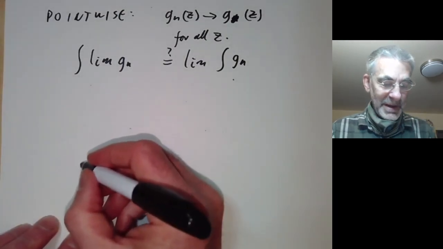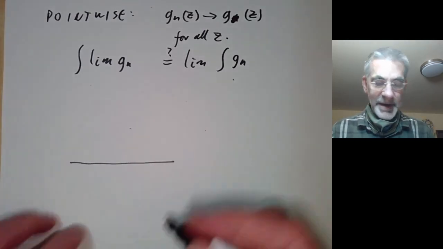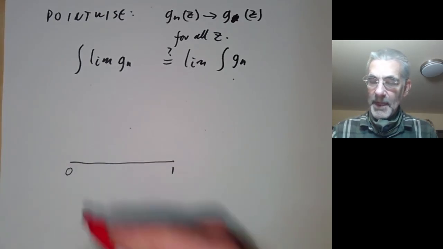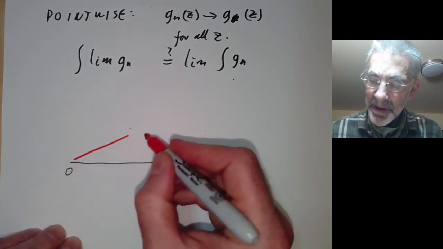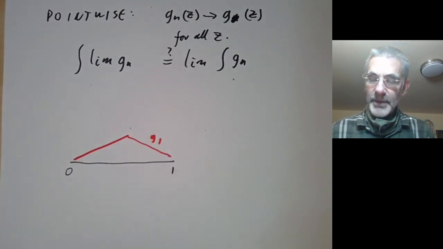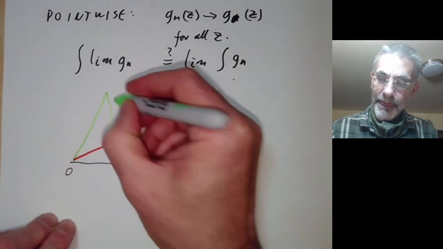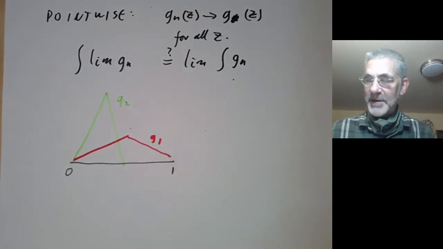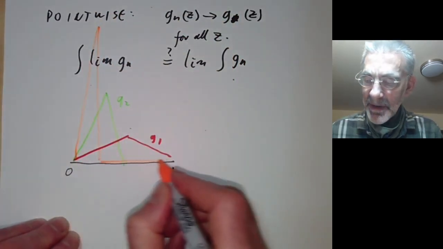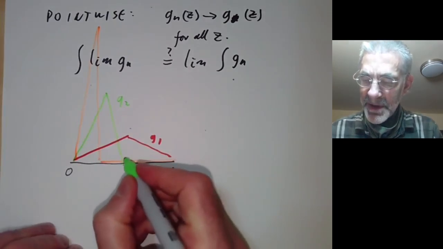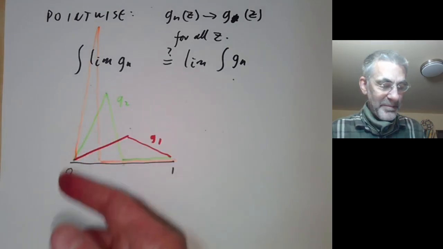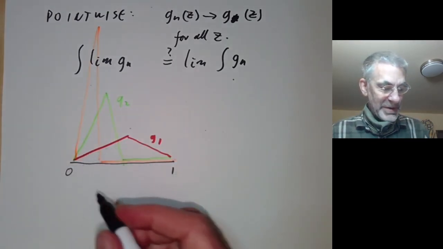There's a very simple example of this. Suppose we take a unit interval, and we take a function g1, and we take another function g2, and we take a third function g3 looking like this. You see there's a spike that's getting bigger and bigger as we approach the origin.